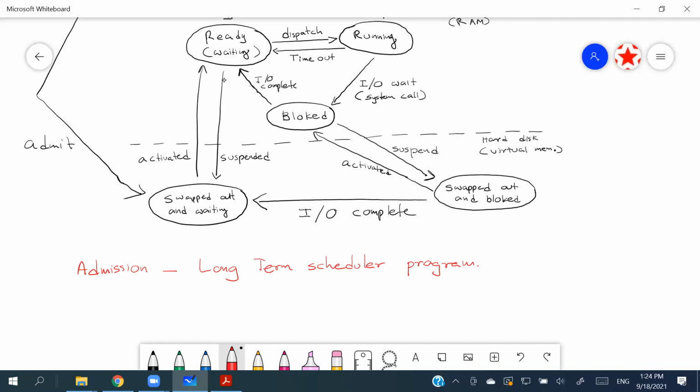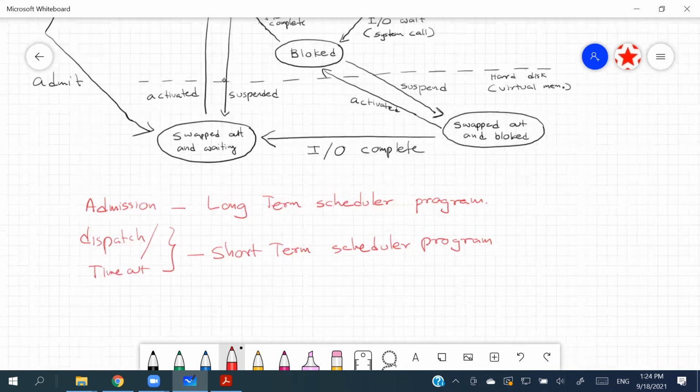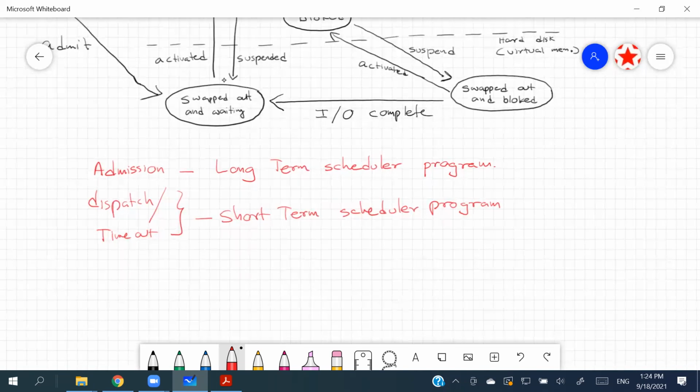Right? So the dispatching part and the timeout part are helped by the short-term scheduler. Right? These are just programs in the operating system to help the operating system.